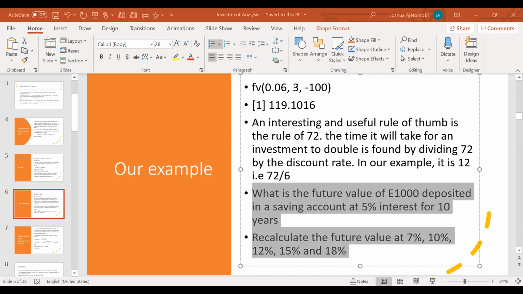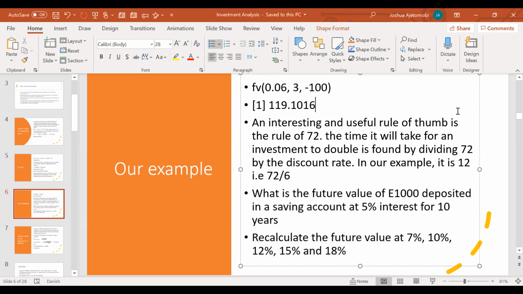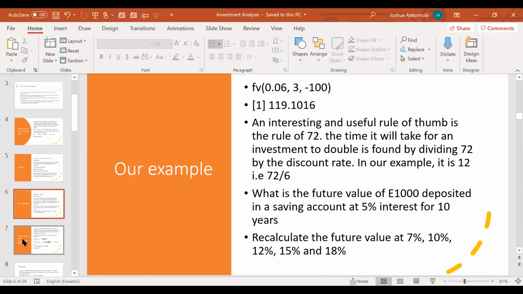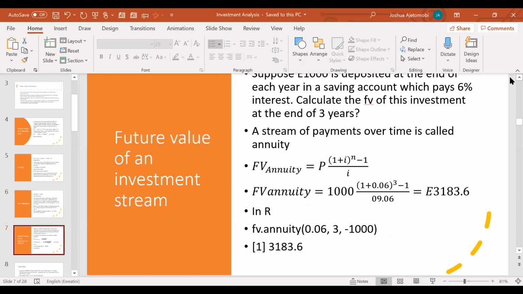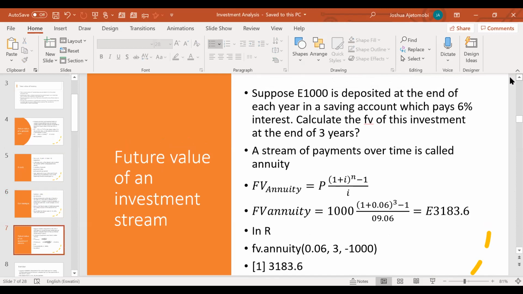So that is how to handle it. So let's move forward. Now, suppose 1,000 emalangeni is deposited at the end of each year in a savings account, which pays 6% interest.